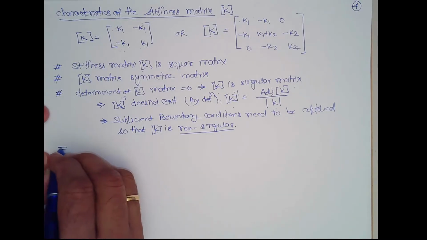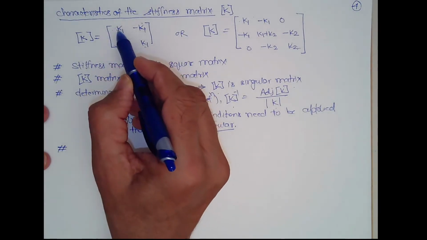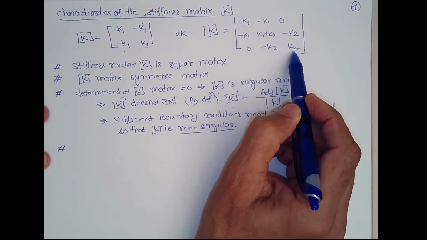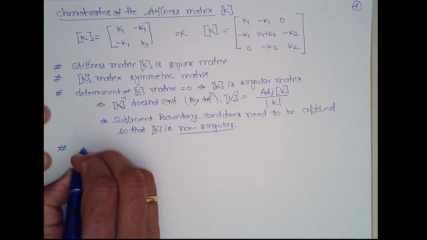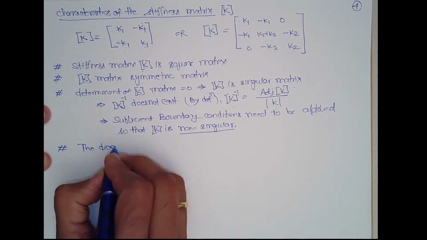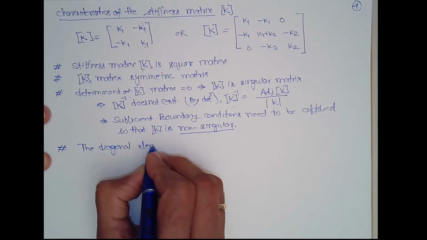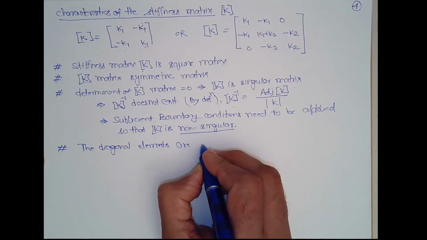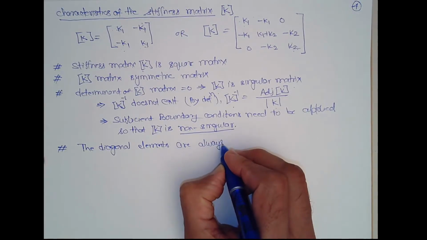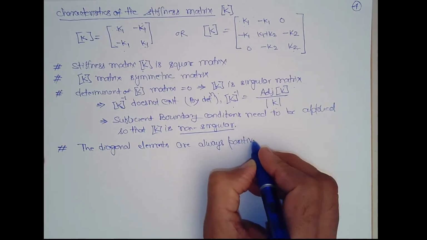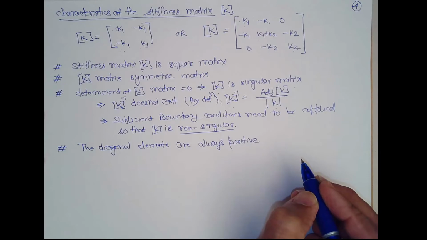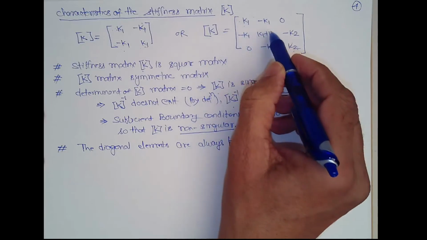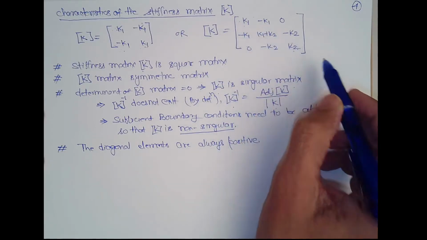Okay. Third, fourth characteristic: if you look, K1 has a positive value, positive plus positive plus positive. So it means that the diagonal elements are always positive.